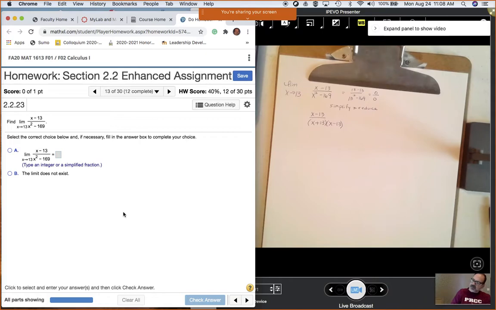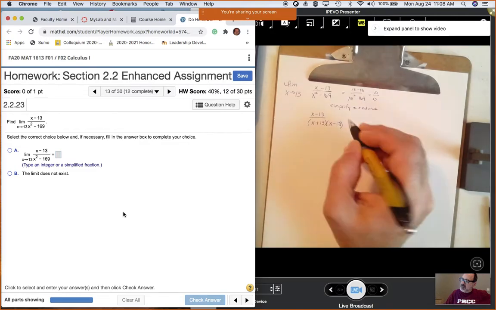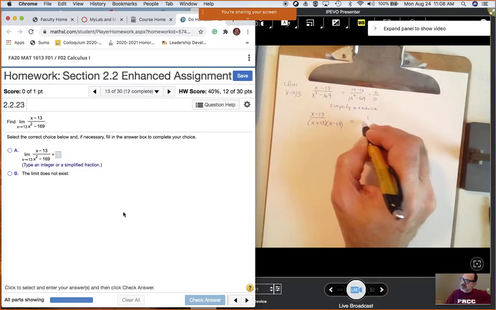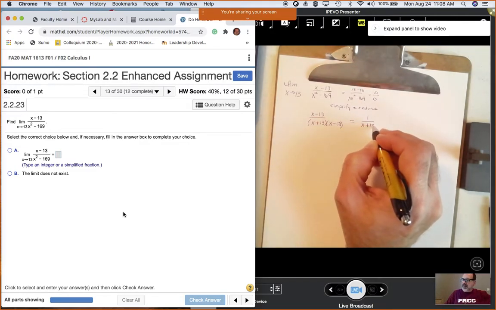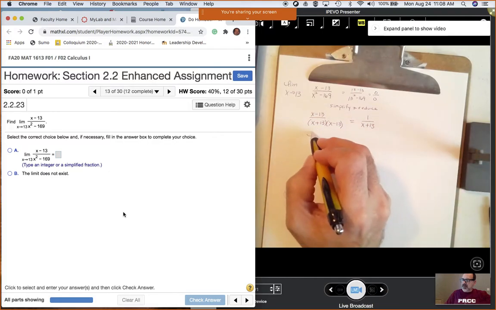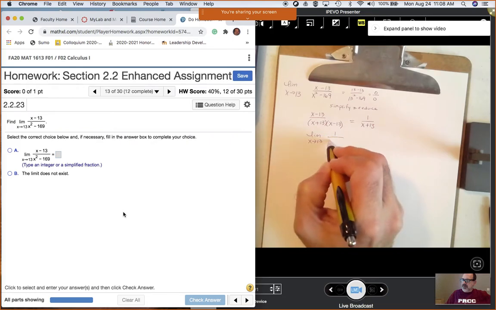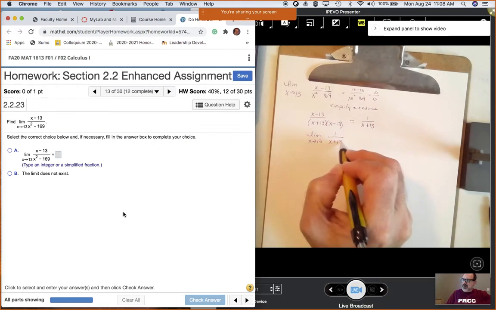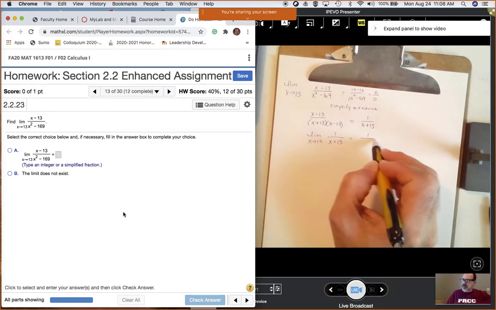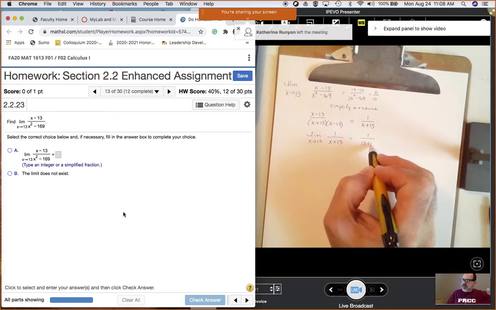Then the x minus 13s will cancel, and that will give me 1 over x plus 13. So I want the limit as x approaches 13 of 1 over x plus 13, which should become 1 over 13 plus 13, or 1 over 26.